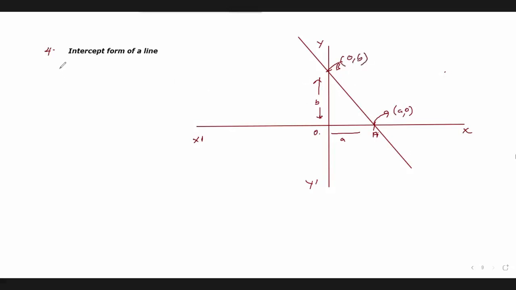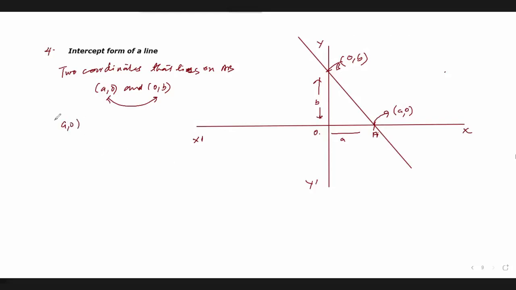So as I know 2 coordinates that lie on AB, that is a, 0 and 0, b, I can find an equation of line AB because two coordinates are known. So we can apply the 2-point form.